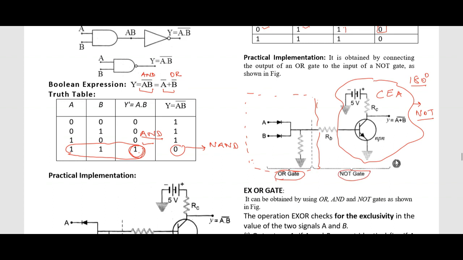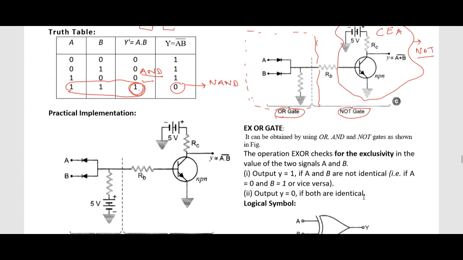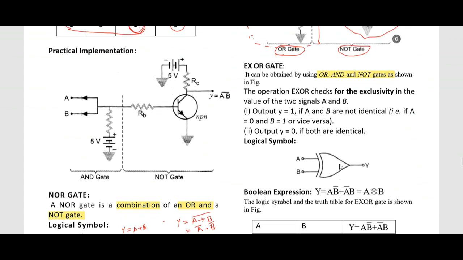Now, the next operation that we shall discuss is exclusive OR gate. Exclusive OR gate can be obtained by OR and NOT gates. This is the logical symbol of exclusive OR gate. This is OR gate with this additional separating line.